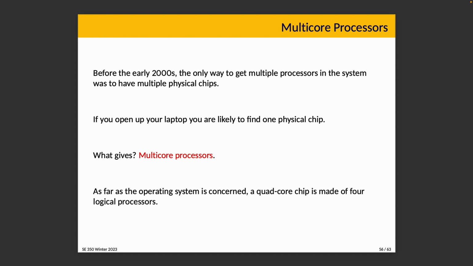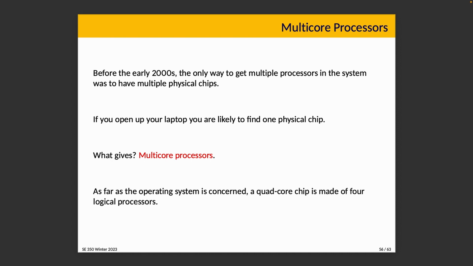And finally, I want to also talk about multi-core processors. Before the early 2000s, realistically, the only way to get multiple processors in the system was to have multiple physical chips. But if you open your laptop or you've built a desktop, you probably have only one physical chip. And why does this work? Well, it's because the chip you buy now has multiple cores.